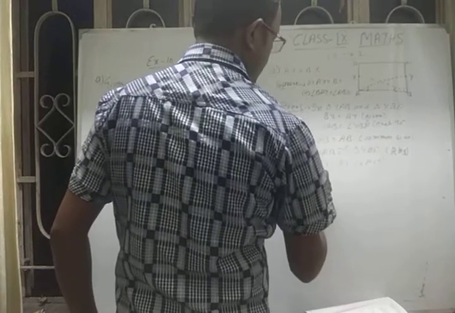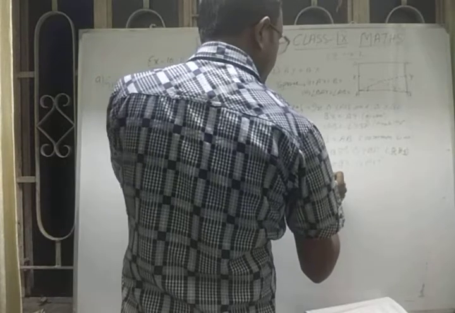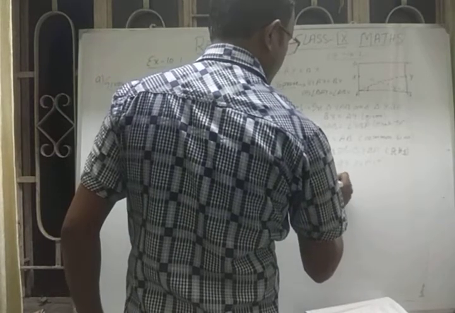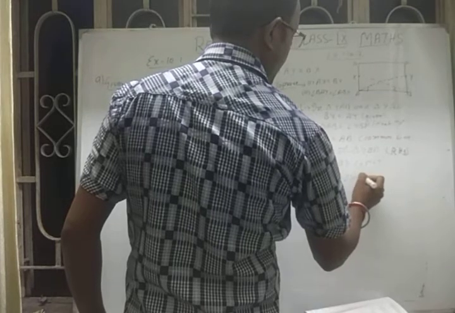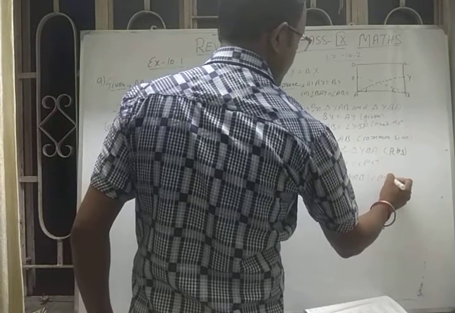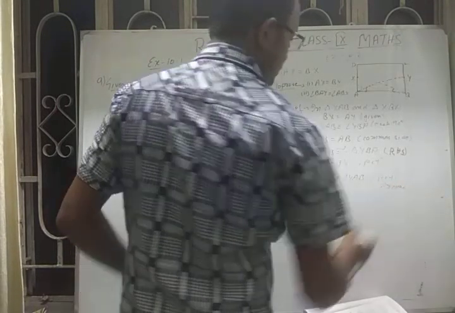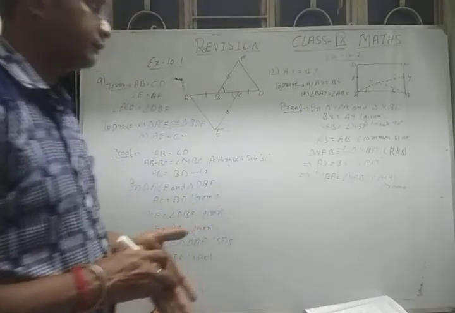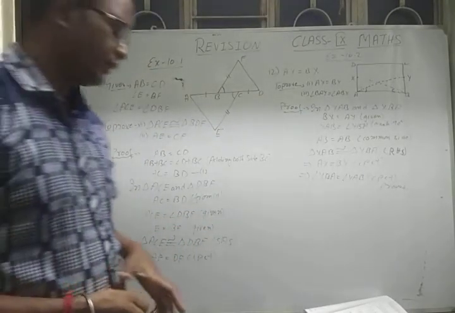So this implies you can write, by CPCT, angle XBA is equal to angle YAB. This also by CPCT. It is proved. So in this way you have to prove the triangles congruent to each other.